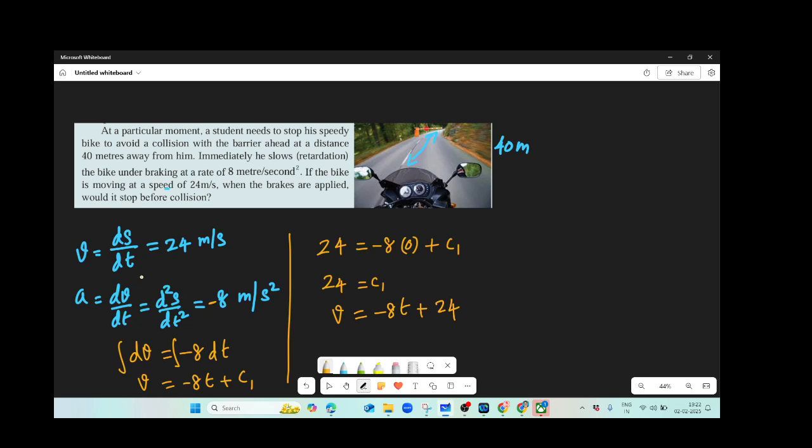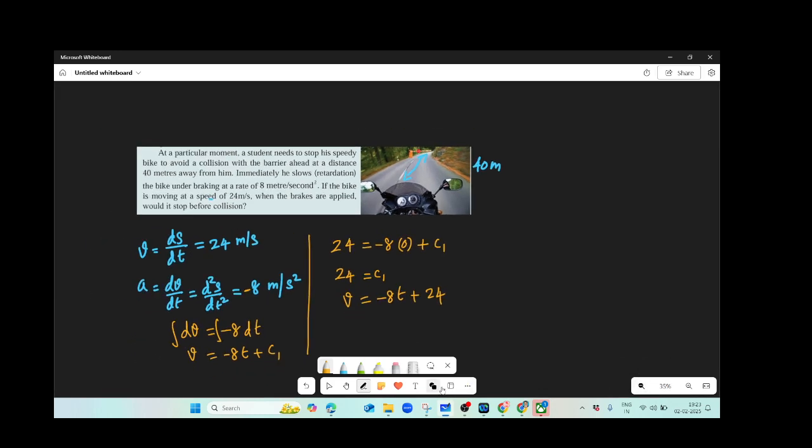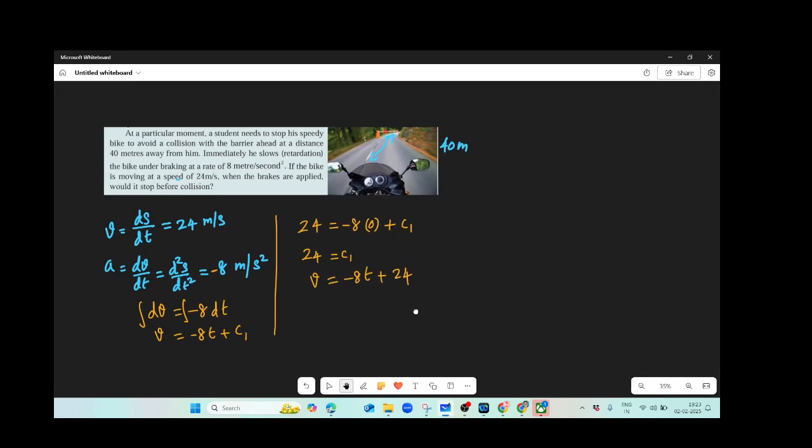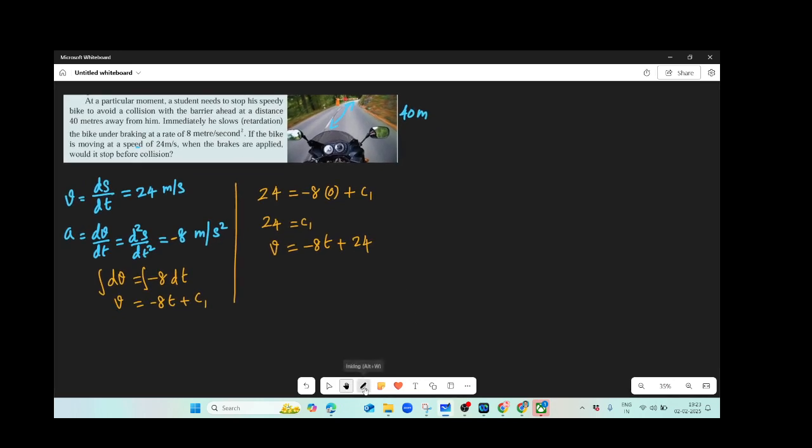Now again come to this velocity. If you want the distance formula, again you have to integrate. What is velocity? ds by dt, the rate of change of displacement, which equals minus 8t plus 24.